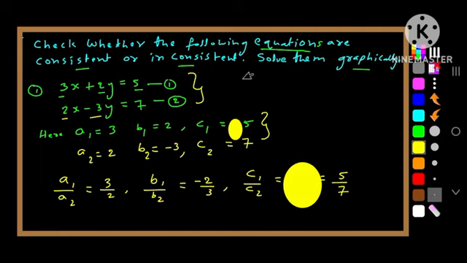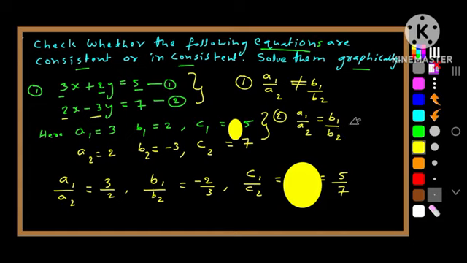So you'll have three cases: a1 by a2 is not equal to b1 by b2. Similarly, the second case where a1 by a2 is equal to b1 by b2 is equal to c1 by c2.